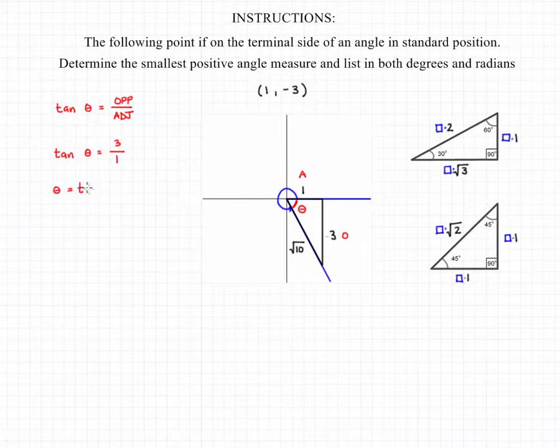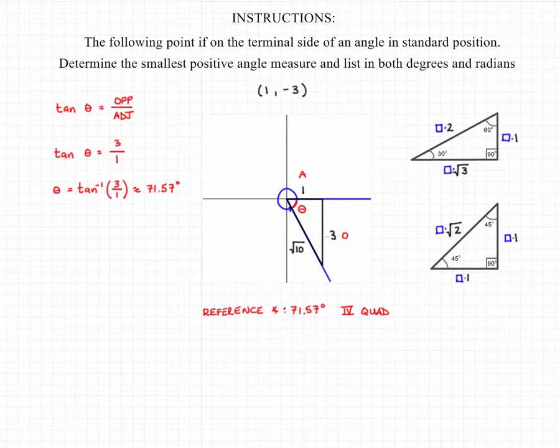Now this means that the angle measure itself is going to equal the arctan, or the inverse tangent, of 3 over 1, which is approximately 71.57 degrees. Now because we have this reference angle of 71.57 degrees inside our triangle, and we're in the 4th quadrant, the procedure is to take an entire loop around the circle, 360 degrees, and subtract our reference angle.